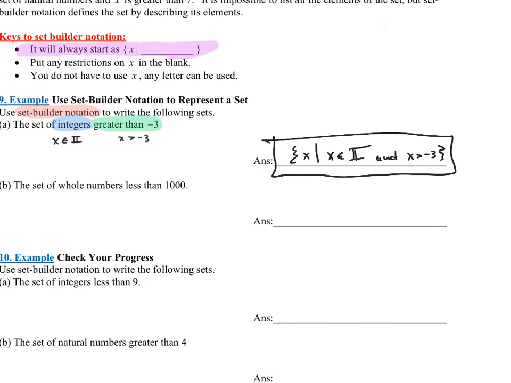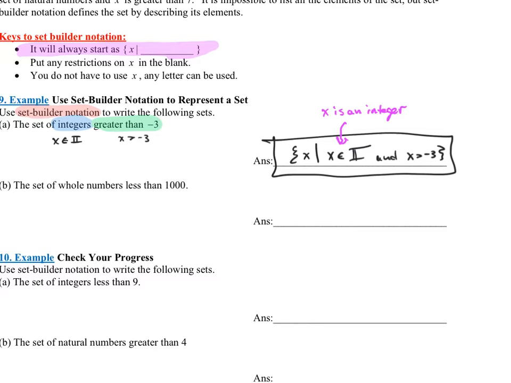So you really could have written in English, X is an integer. And if you wrote that in English words, I would still give you credit for this problem, even if you didn't use the math symbols.